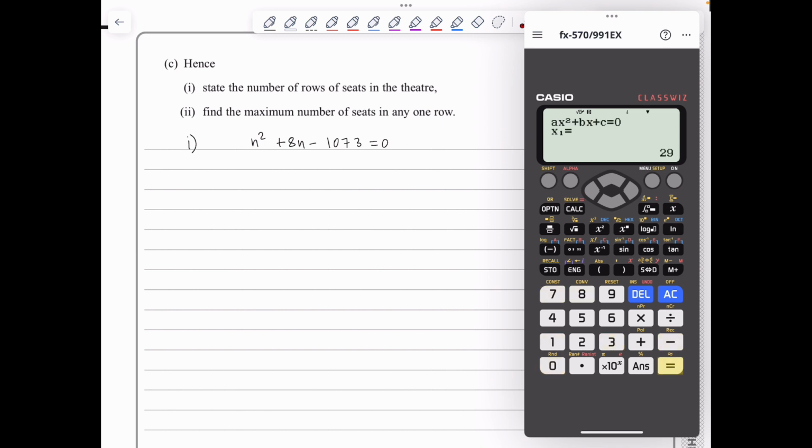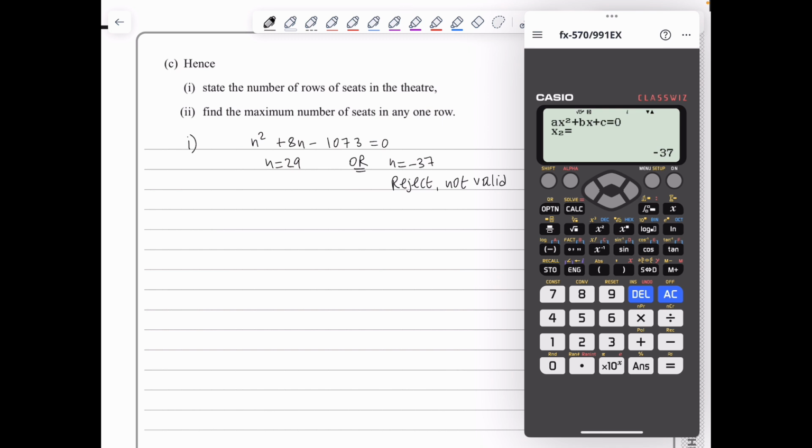So this will give me the answer straight away. So the first solution is n is equal to 29, and the second solution is n is minus 37, which is of course rejected. It's not valid because it's a negative value. We know that n should be a positive integer.